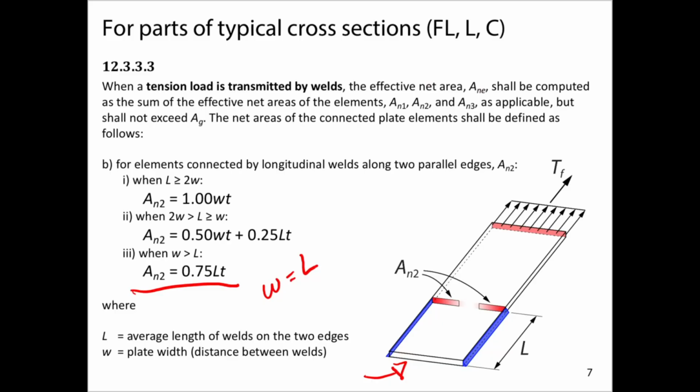What that means is that L here is equal to W, and so ANE would be equal to 0.75 WT. It's most often the case that the lengths of the welds are going to be at least equal to the width of the plate. That gives you a sense that, as the engineer, at least 75% of that cross-sectional area is going to be effective in tension when I'm doing my net section calculations.